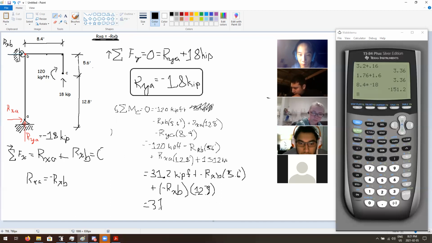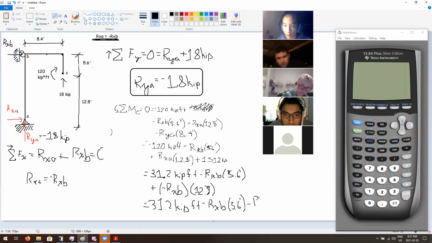So we have 31.2 kip feet minus RXB times 5.6 feet minus RXB times 12.8 feet.